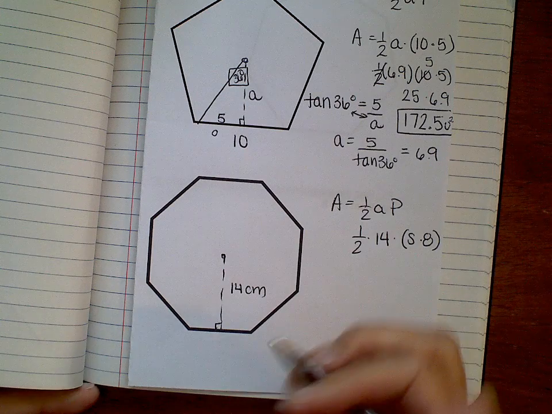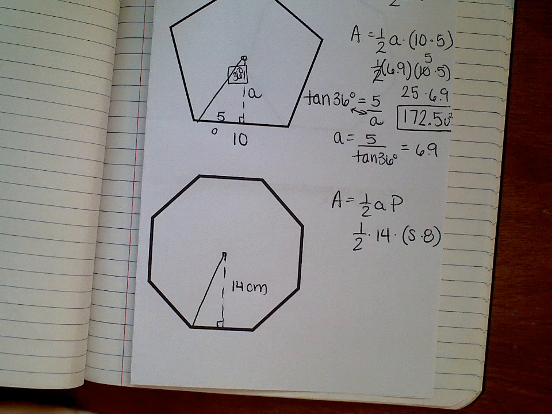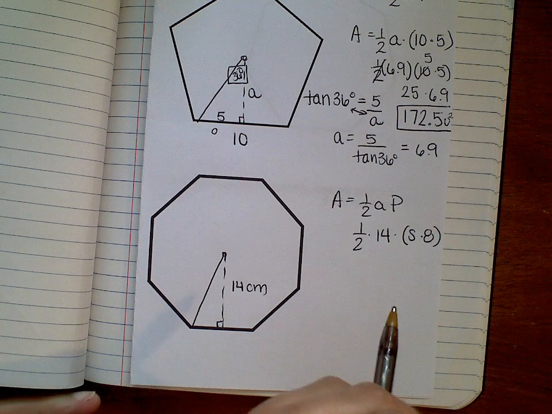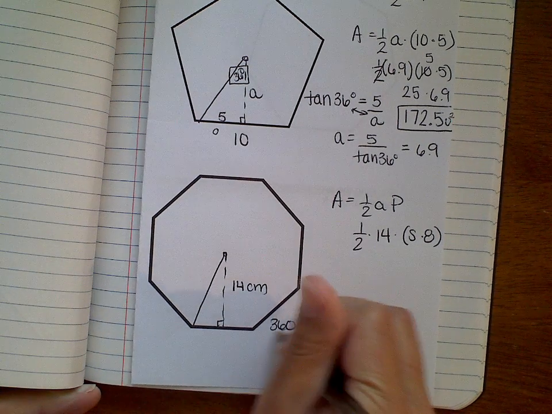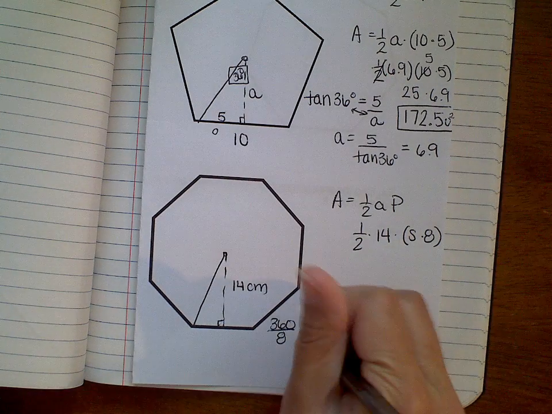So it always comes back to drawing in your radius and your apothem and using that little right triangle there. The next piece of information I always have to find to help me use that right triangle is our central angle, so 360 divided by 8 because we have 8 sides, which is 45.